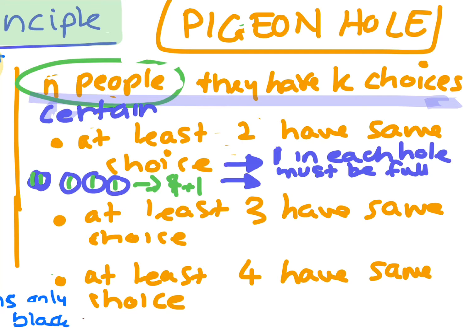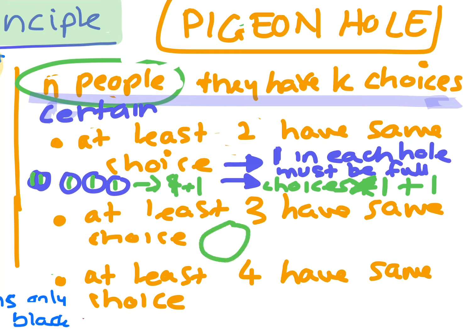So 1 in each hole, times your choices, and you add 1, and you will get how many times you would have to draw it out or ask people to be certain that there's at least 2 in one of the holes.